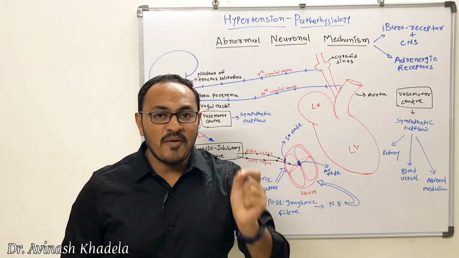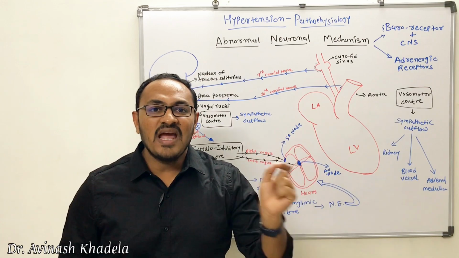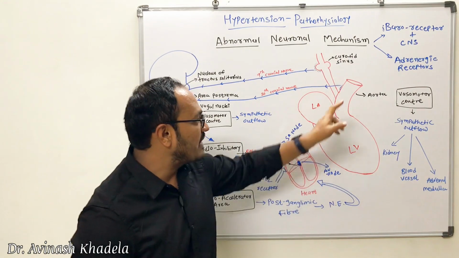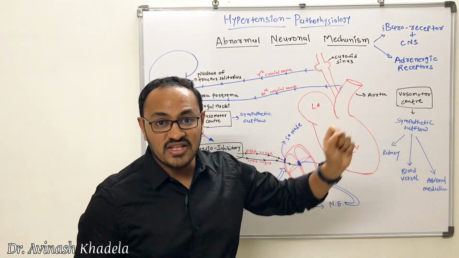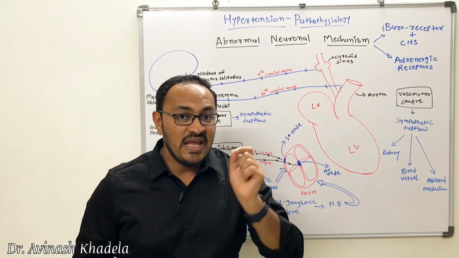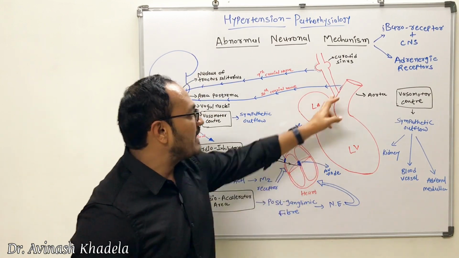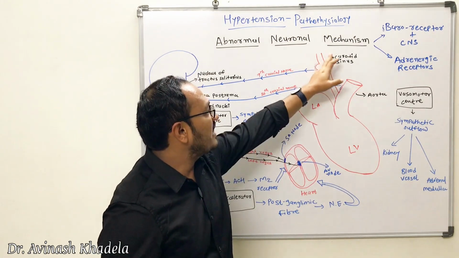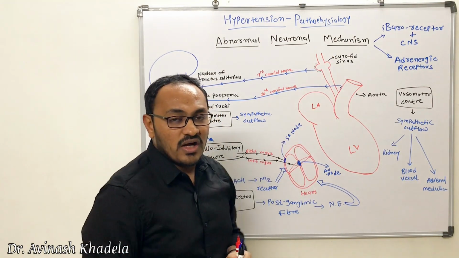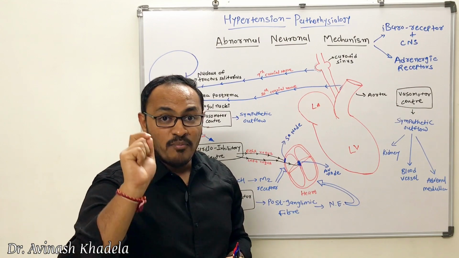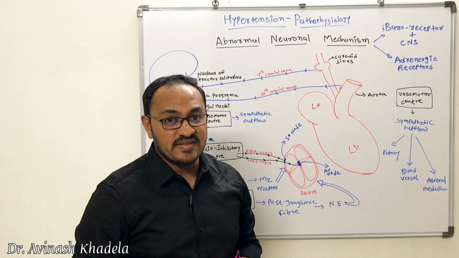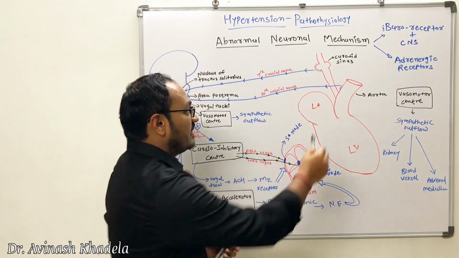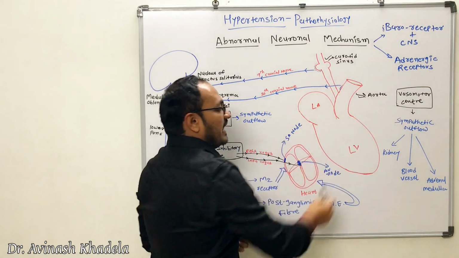We discussed baroreceptors in the renin, angiotensin, aldosterone system video, where baroreceptors are present in the juxtaglomerular apparatus. Here we are discussing the baroreceptors present in the aorta and carotid sinus. There are two different places where these blood pressure sensitizing cells, precisely known as baroreceptors, are present: the carotid sinus and the aorta.